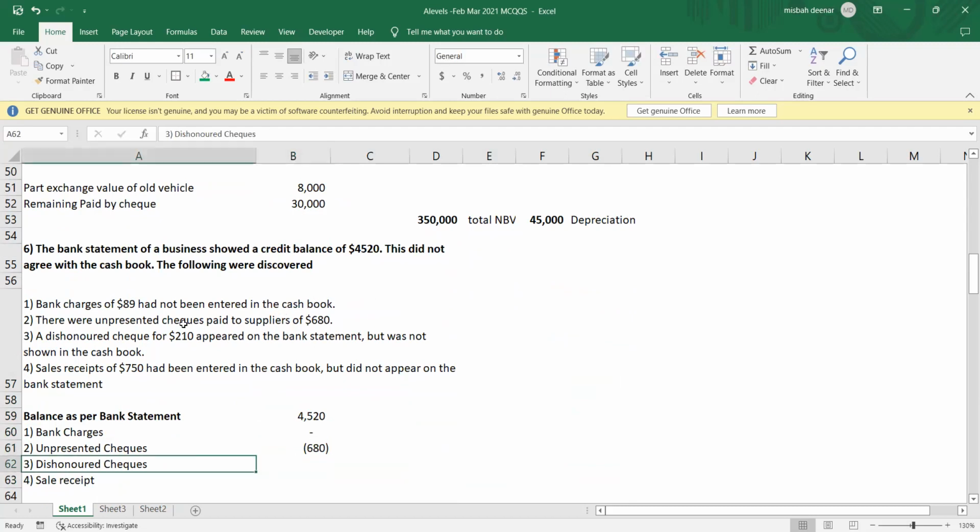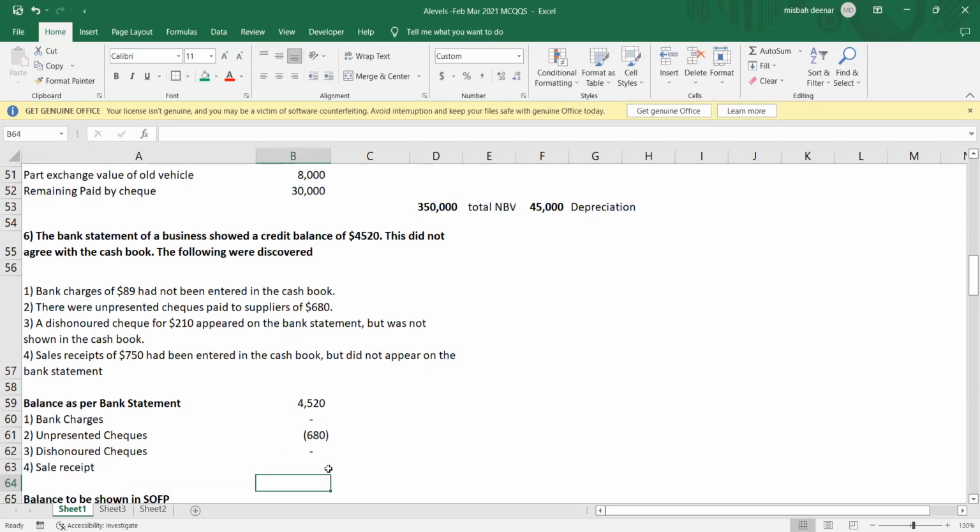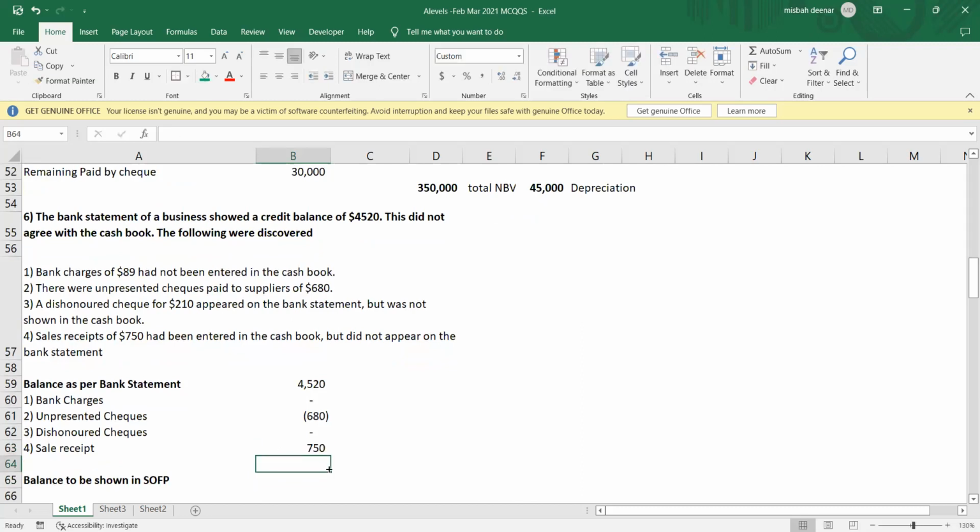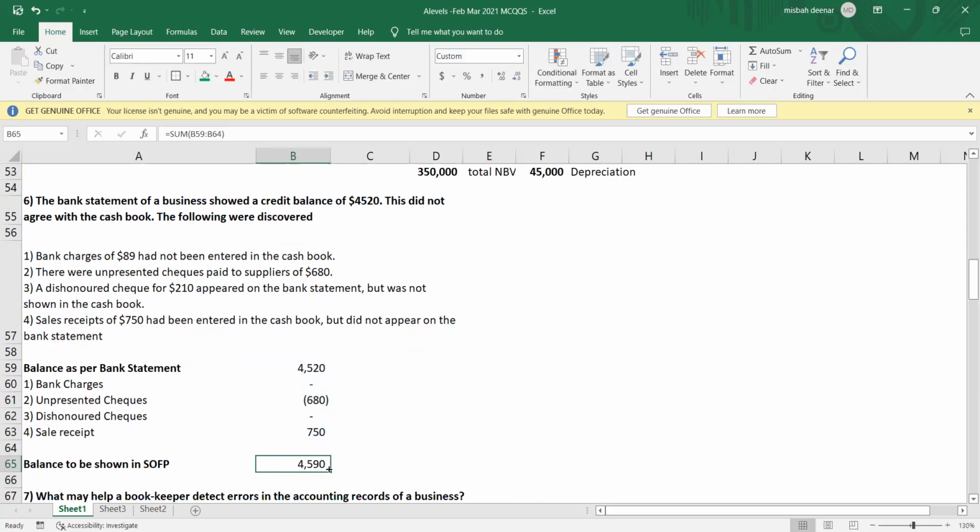Then the dishonored check appeared on the bank statement but was not shown in the books, so it is already appearing in the bank statement, so the effect is 0. Then the sales receipt entered in the cash book but not in the bank statement: a sale of 750 was made, so the bank balance was increased. The balance to be shown in the SOFP sums to 4590. Our answer should be B, 4590.